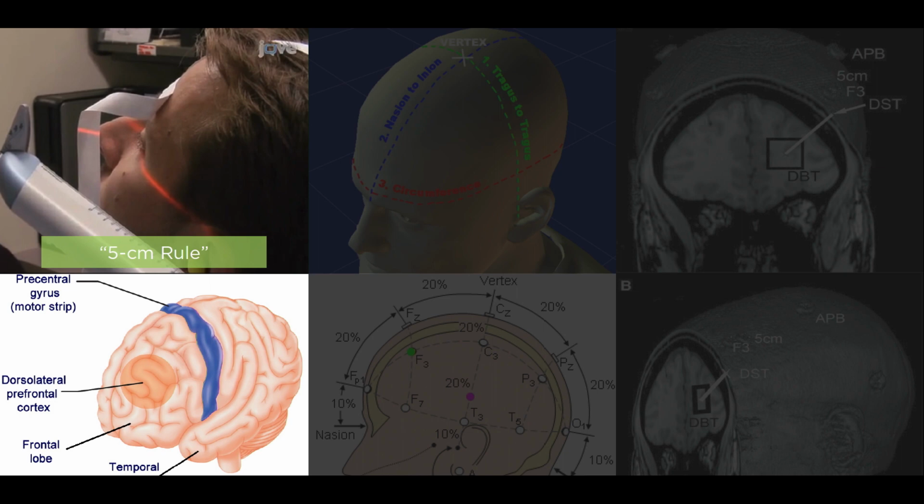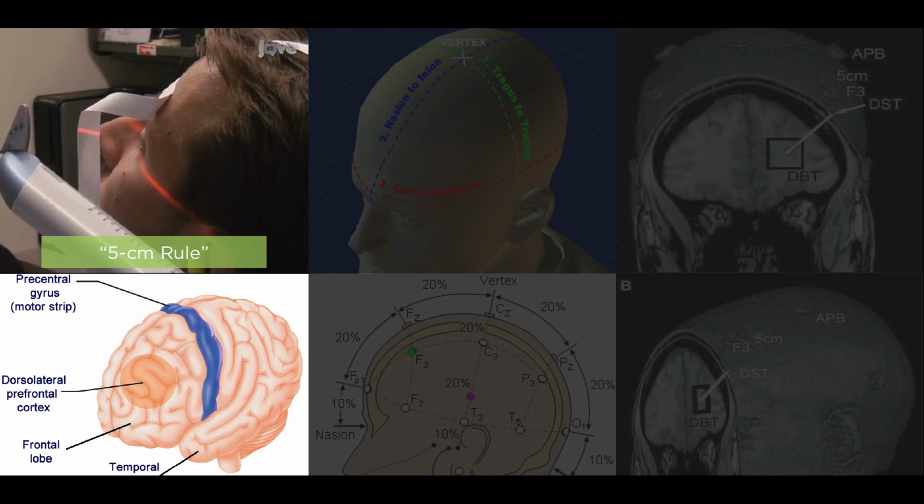So talking about targeting a little bit, suppose you now selected a coil, suppose you have a figure-8 coil, and you want to use it for treatment of depression. How do you place this coil over the head? There are several strategies for coil placement. The very rudimentary one is the so-called 5-centimeter rule.